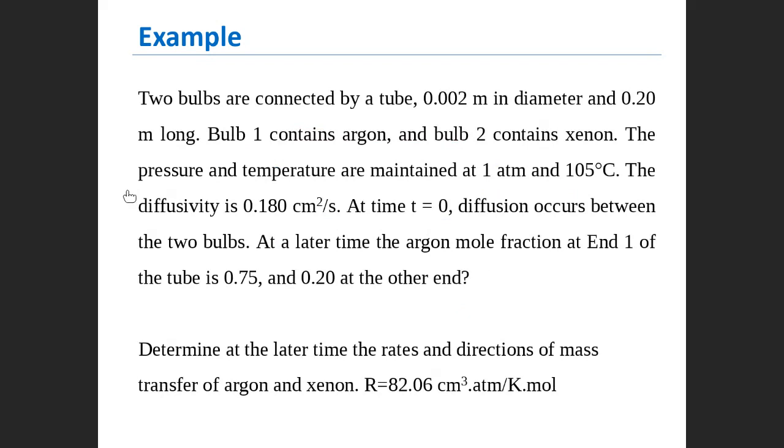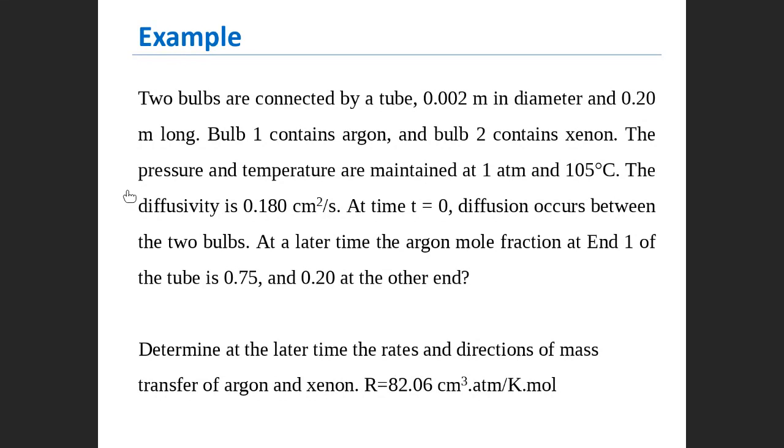The diameter of this tube is 0.002 meter and 0.2 meter in length, approximately 20 centimeters, and the diameter is quite small as well.